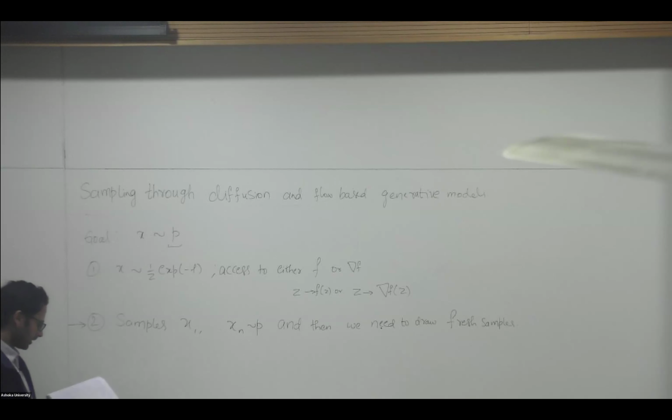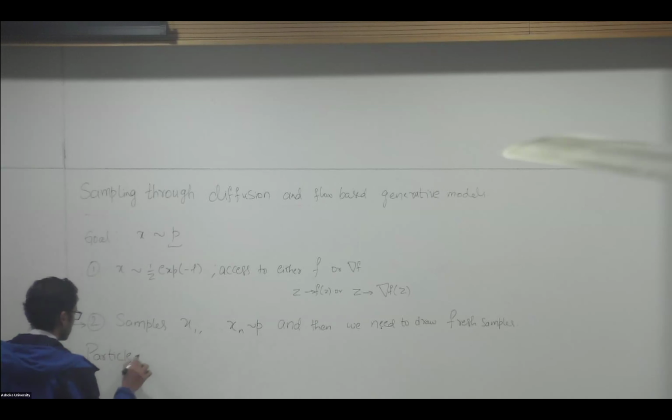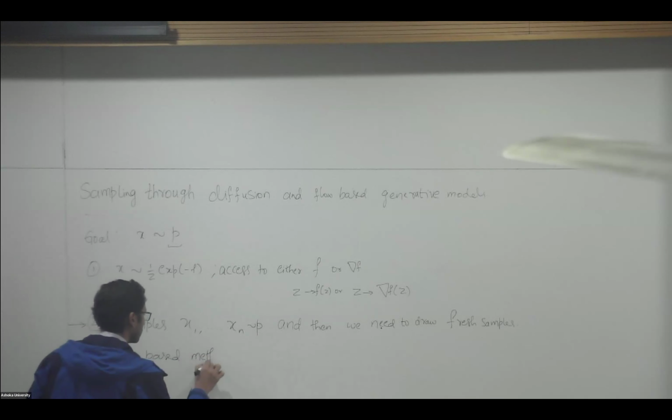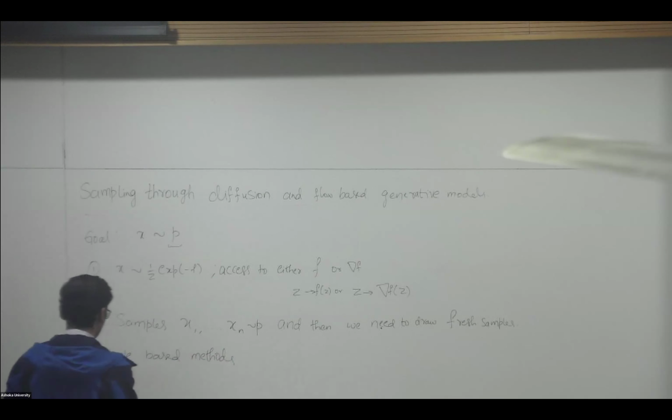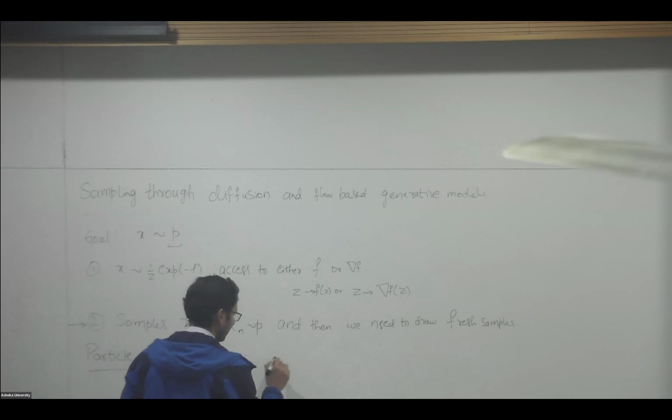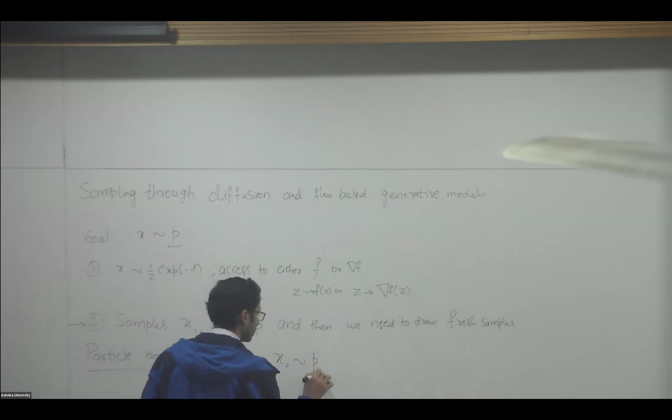Okay. And in particular, we will be looking at what are called particle-based methods. Okay. So what particle-based methods do is the following. So we have some initial distribution P0, and then we draw X0 from P0.